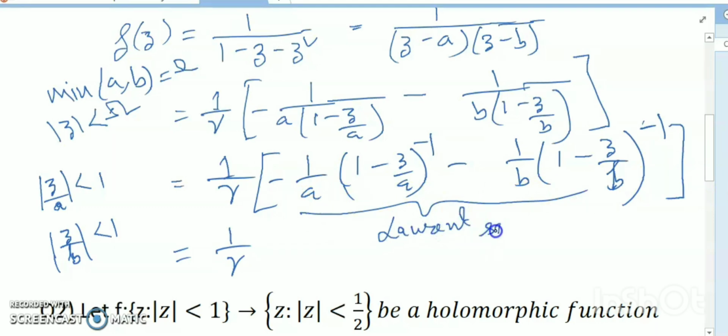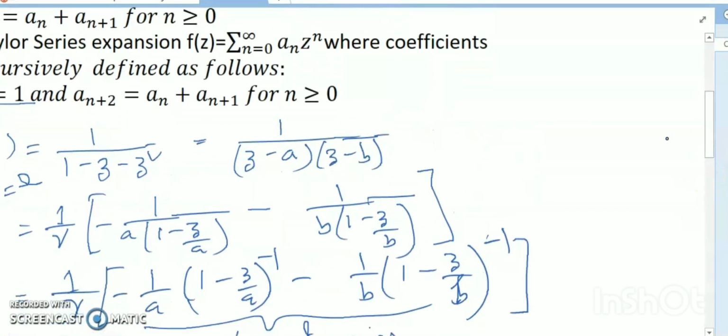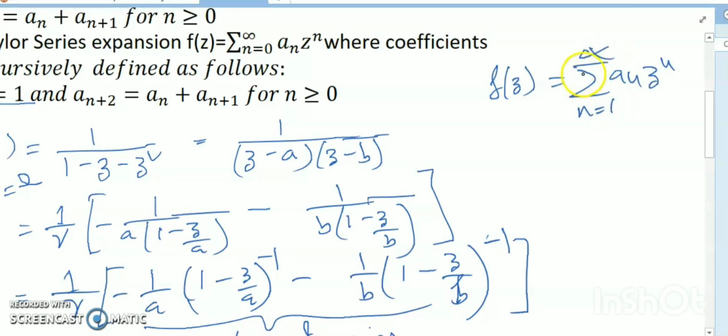Now friends, our question is, when the Laurent series exists, how can I write this? We need to know the Taylor series. Okay, when f(z) = summation a_n z^n, we know the formula.